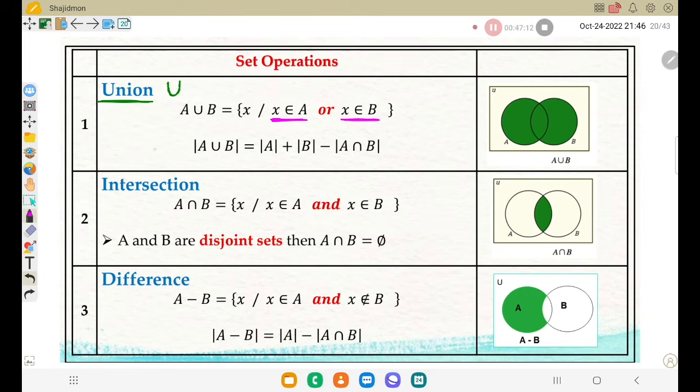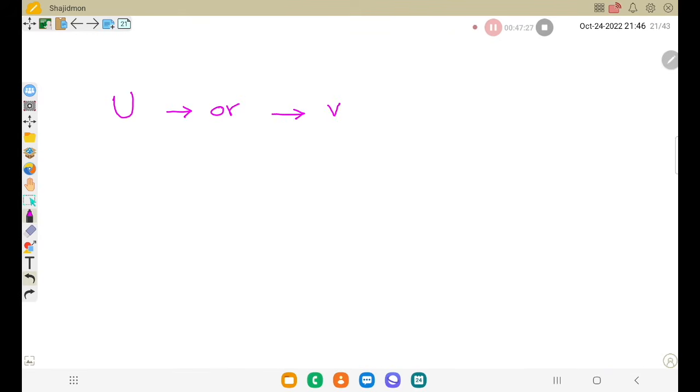Now there is a rule relating the number of elements of A union B. Absolute means number of elements. Cardinality of A union B means cardinality of A, number of elements of A, plus number of elements of B, minus number of elements of A intersection B. You can write like this, it is better.